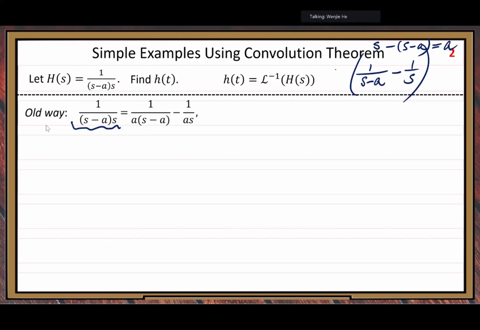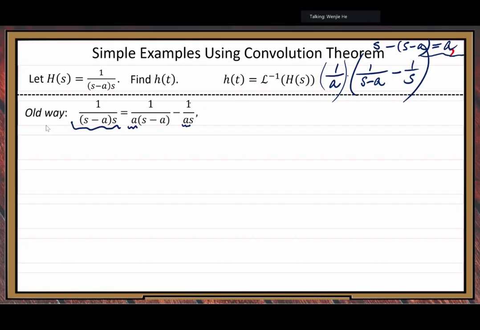So you need to make an adjustment: multiply by 1 over a to make it balanced, because the numerator is a. That's why you multiply by 1 over a, to balance your result.